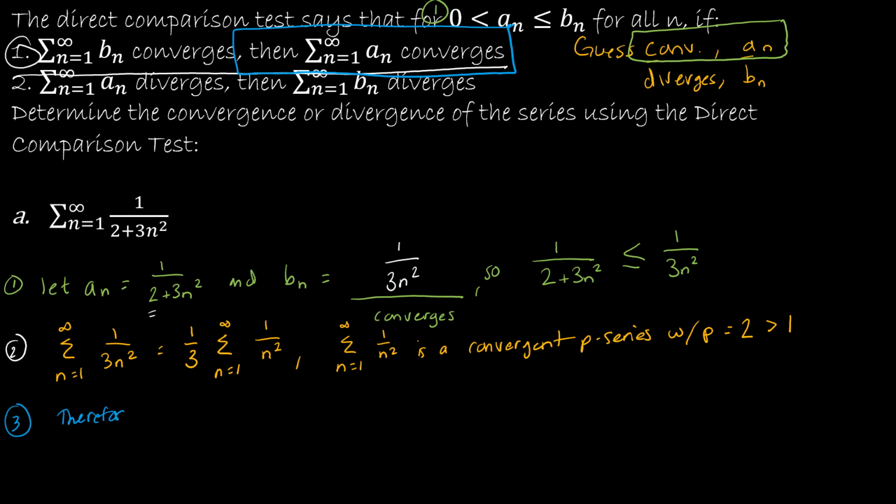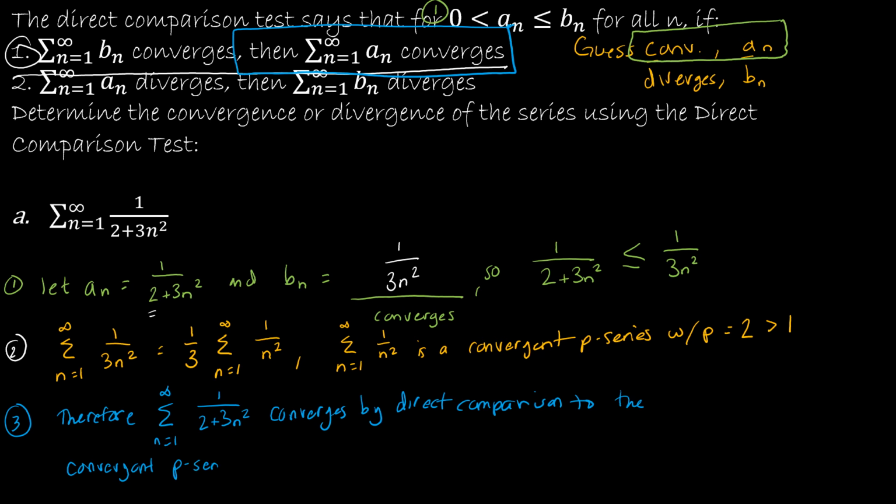Therefore, the summation as n goes from 1 to infinity of 1 over 2 plus 3n squared converges by direct comparison to the convergent p-series, the summation as n goes from 1 to infinity, or 1/3 times the summation as n goes from 1 to infinity of 1 over n squared. Done.